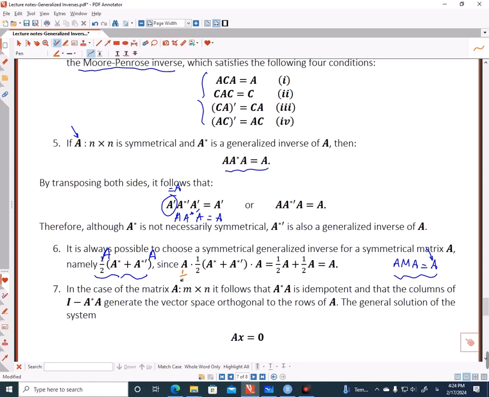So I have half A A star A, and remember this A from this side, this summation comes here.